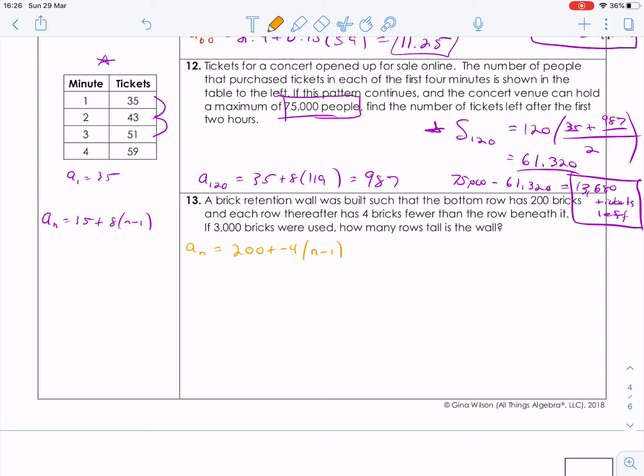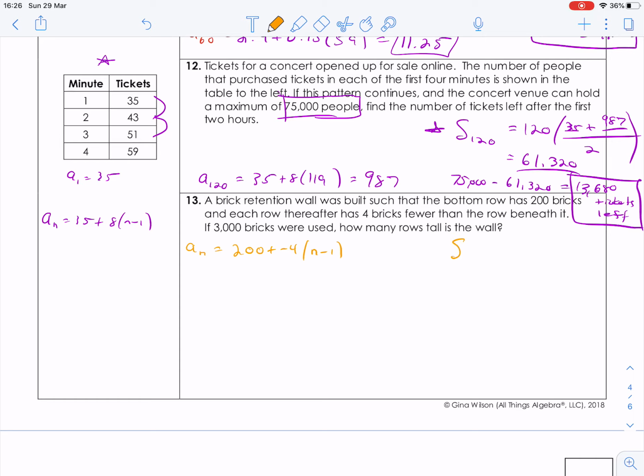This is a little bit tricky because now, if 3,000 bricks were used, we're looking for how many rows we use.